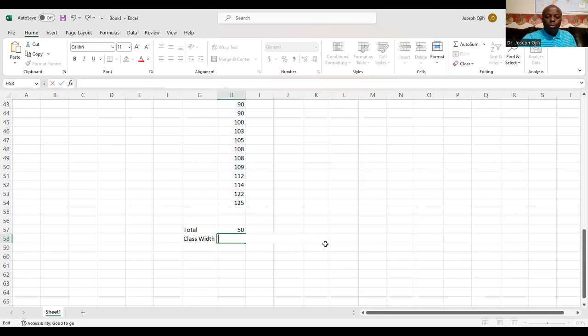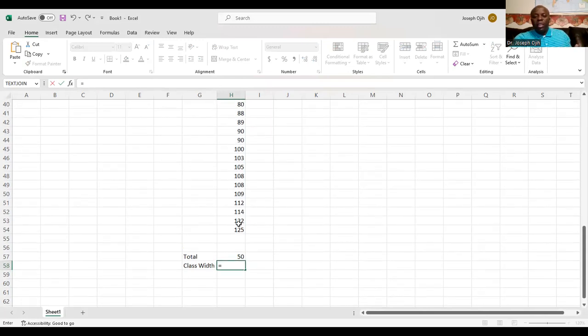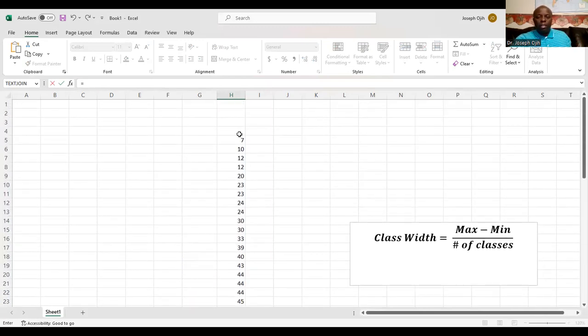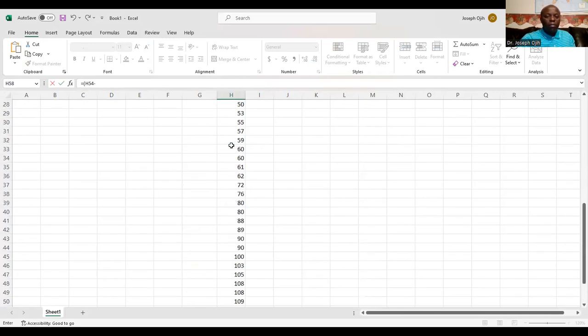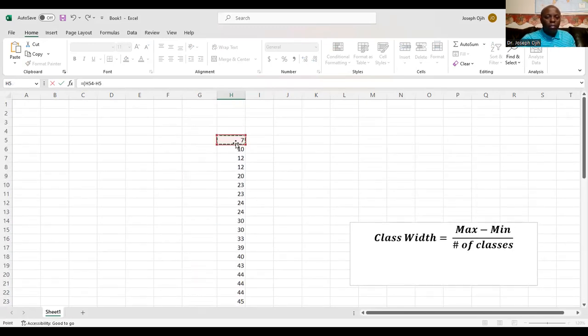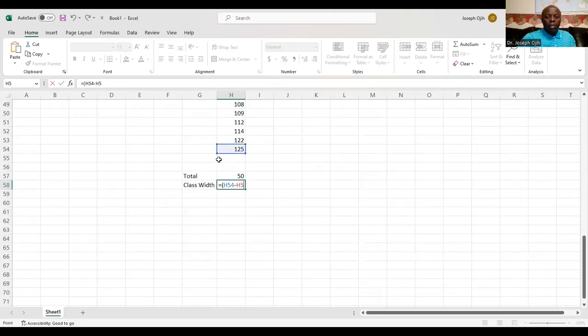If this doesn't work, just put the equal sign. The maximum number here is 125, and the minimum is 7. So you put parentheses, click on 125 minus 7, then close the parentheses, divided by the number of classes.